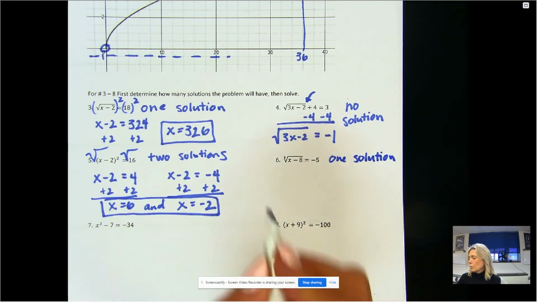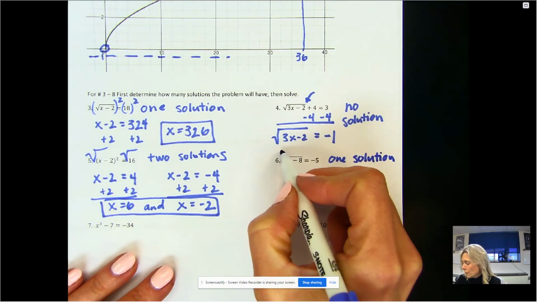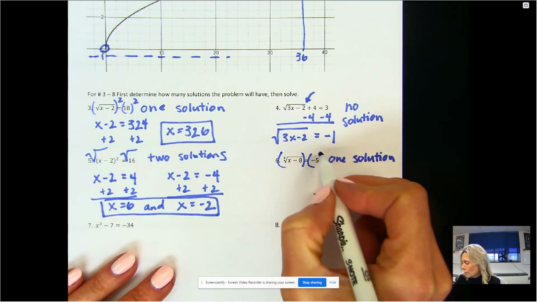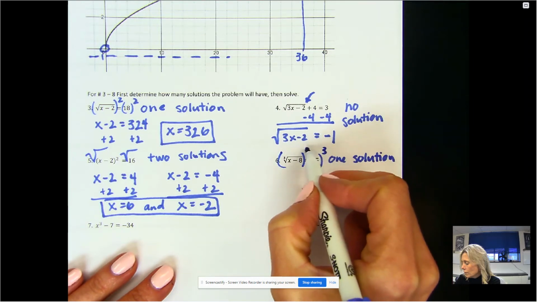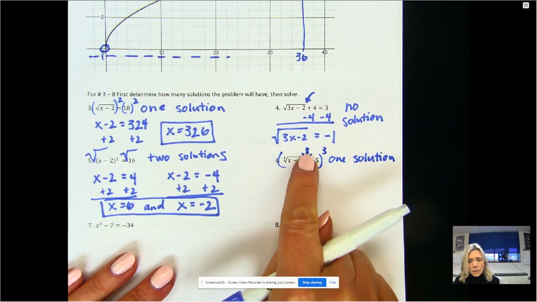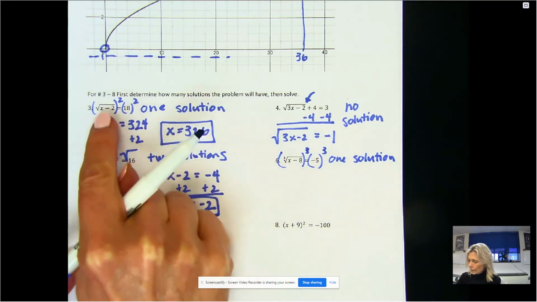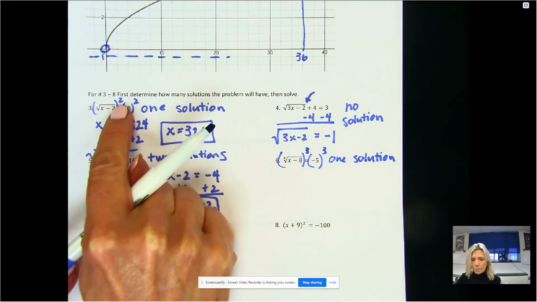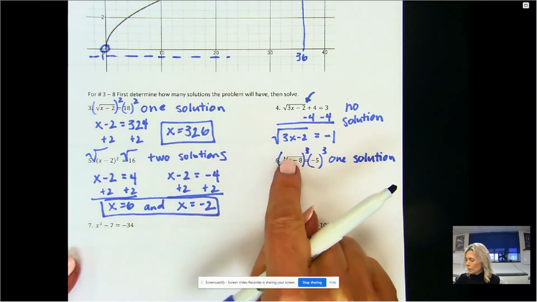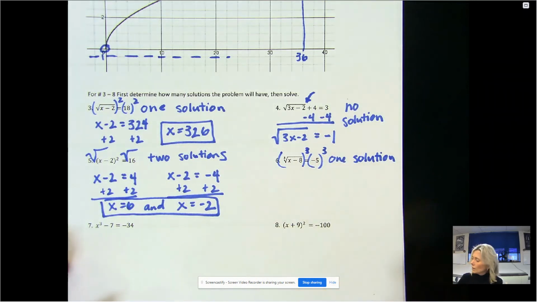And so this is a cubed root, which means we'll use the exponent 3 to solve. The index and the exponent need to match, be the same value. So that's why for square root, we squared both sides. For cubed root, you cube both sides.